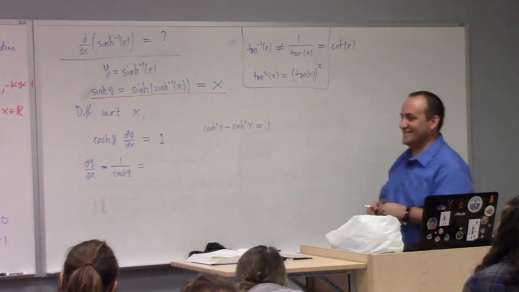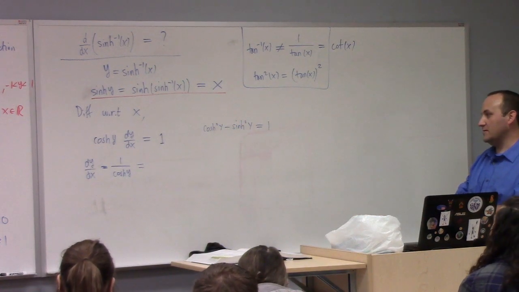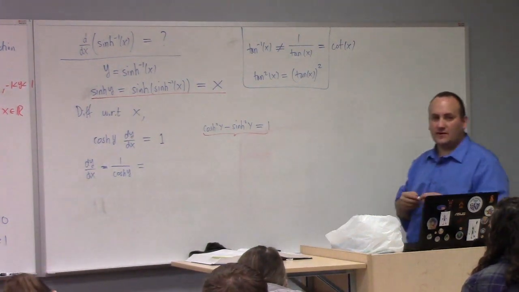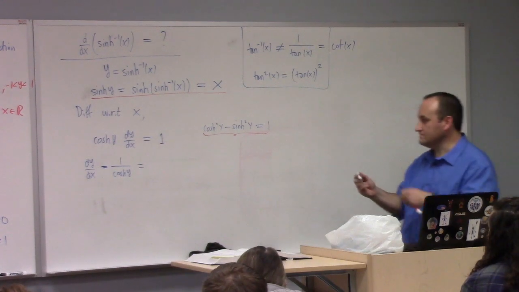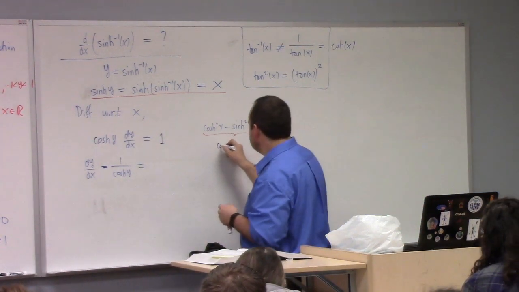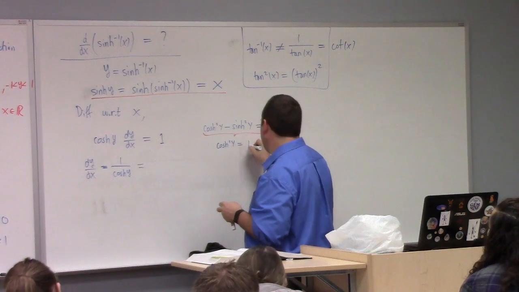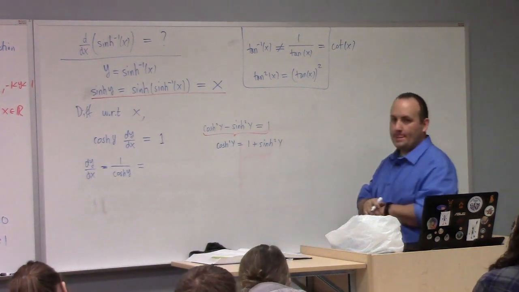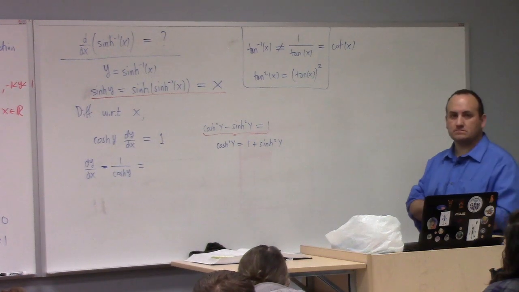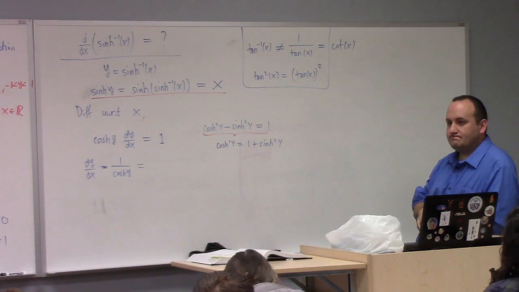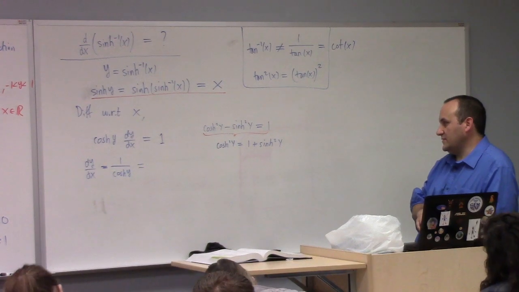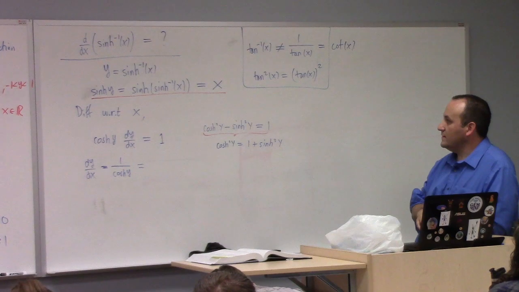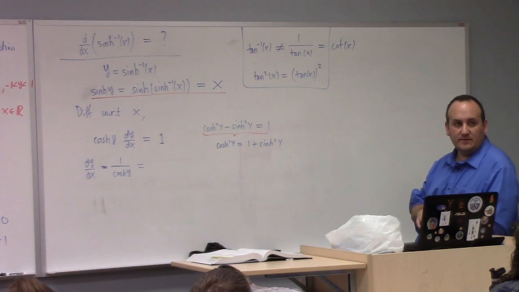All right, so this Pythagorean identity, what's this give us for cosh squared? We get 1 plus sinh squared y, yeah? So what can I do? Oh, but what is sinh y? x is equal to sinh y, right?